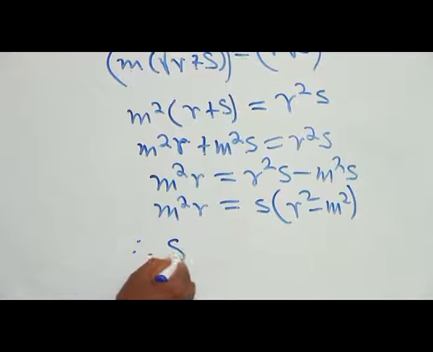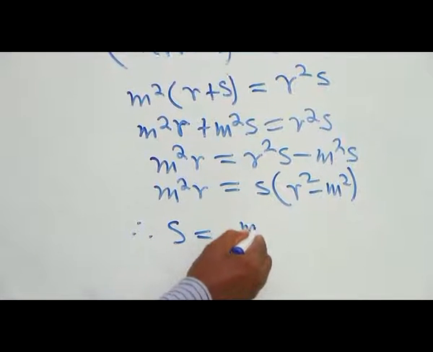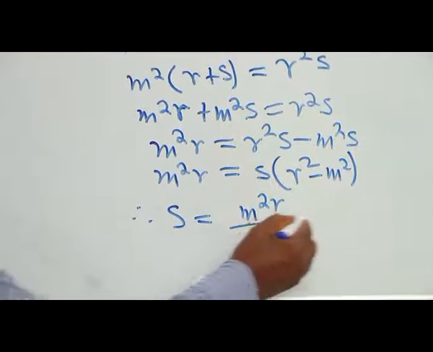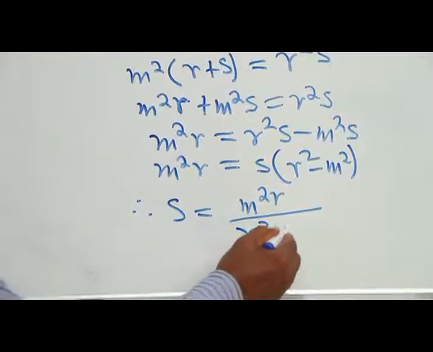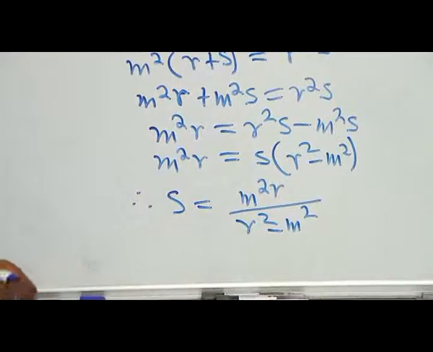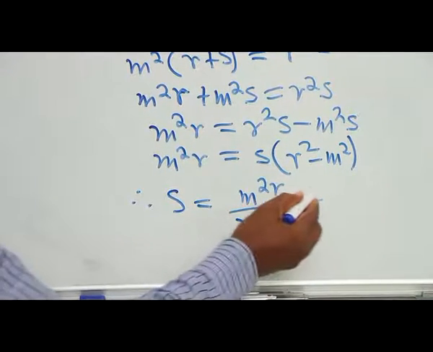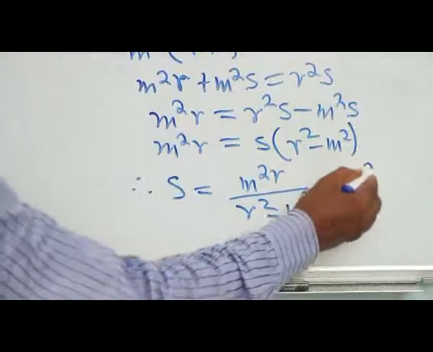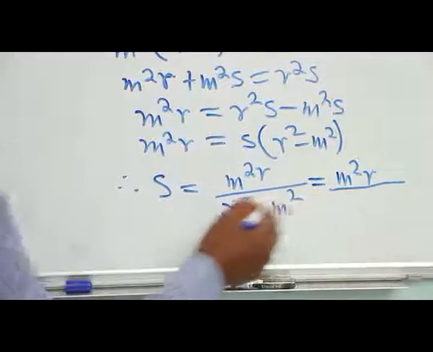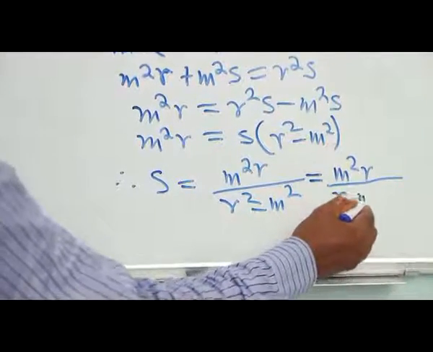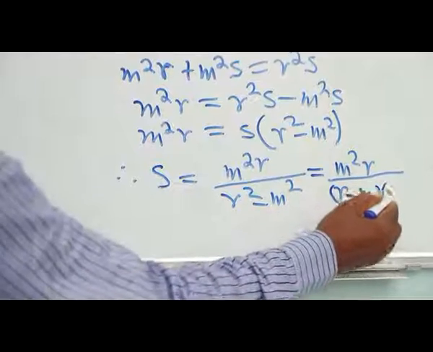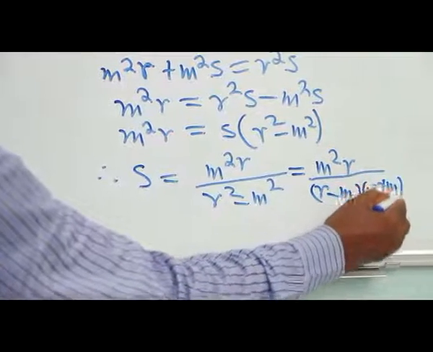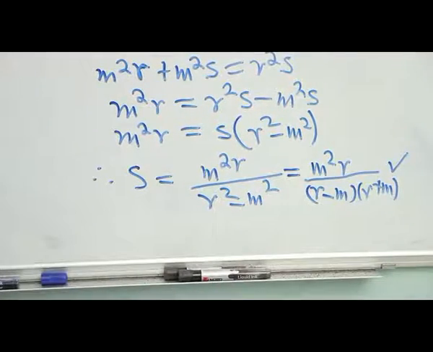Therefore, our S will be equal to M squared R all over R squared minus M squared. Now, we can still simplify this to become M squared R over R minus M times R plus M, as the case may be. And that gives you the solution to the problem.